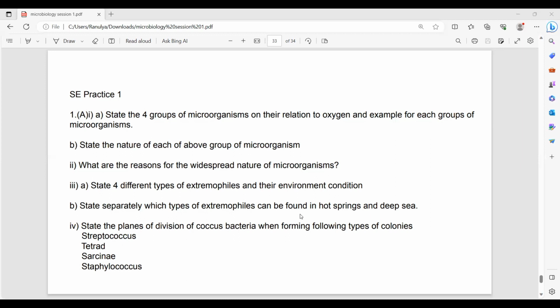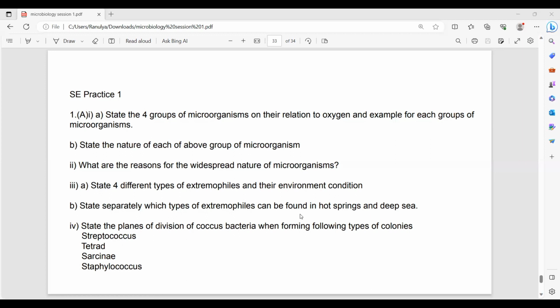Then state separately which types of extremophiles can be found in hot springs and deep sea. Hot spring means temperature is high, right? Hot temperature, and they can be acidic or alkaline either. So thermophiles, acidophiles and alkaliphiles.